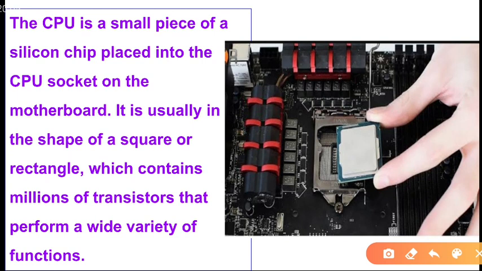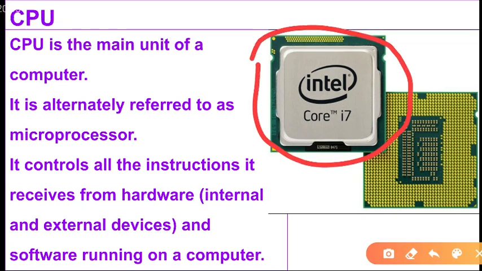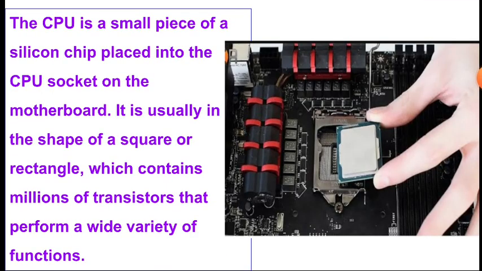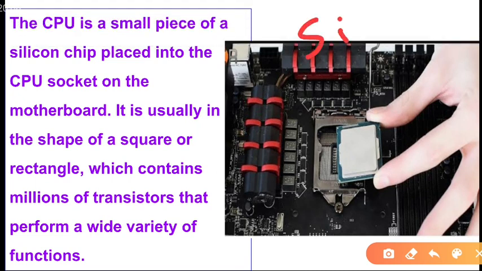Then, the CPU is a small piece of silicon chip. See, this is that silicon chip. Now you might have heard of silicon in chemistry. The chemical symbol for silicon is Si, and its atomic number is 14. CPU is made up of this element silicon.